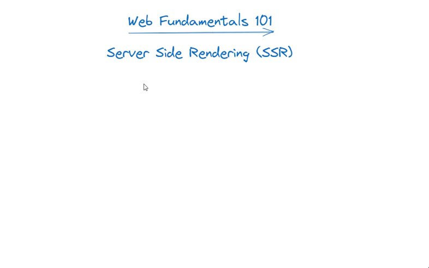Over here, the advantage of server-side rendering is that it helps in search engine optimization. Why? Because we have this entire web page available on the client, and we don't have to wait for the API calls on the client to render the data.